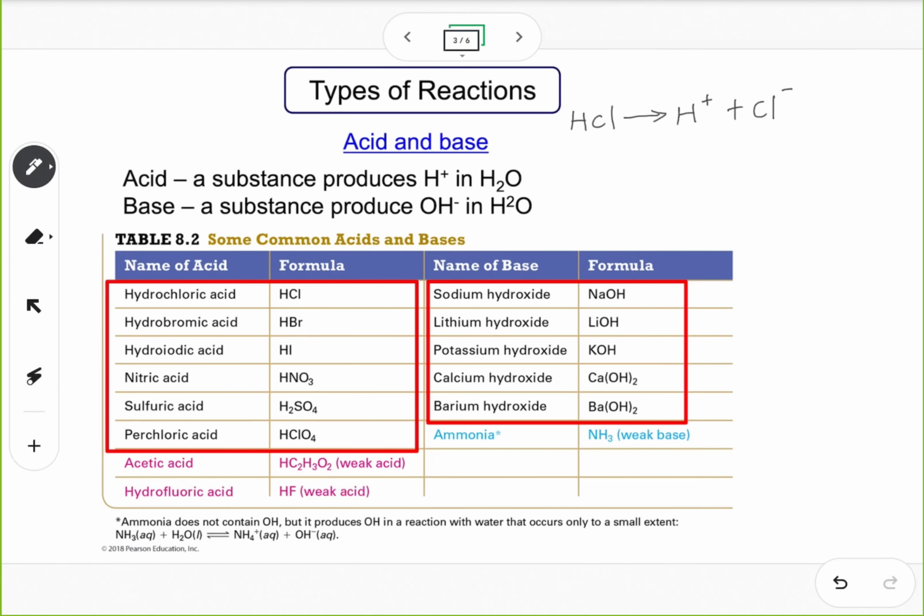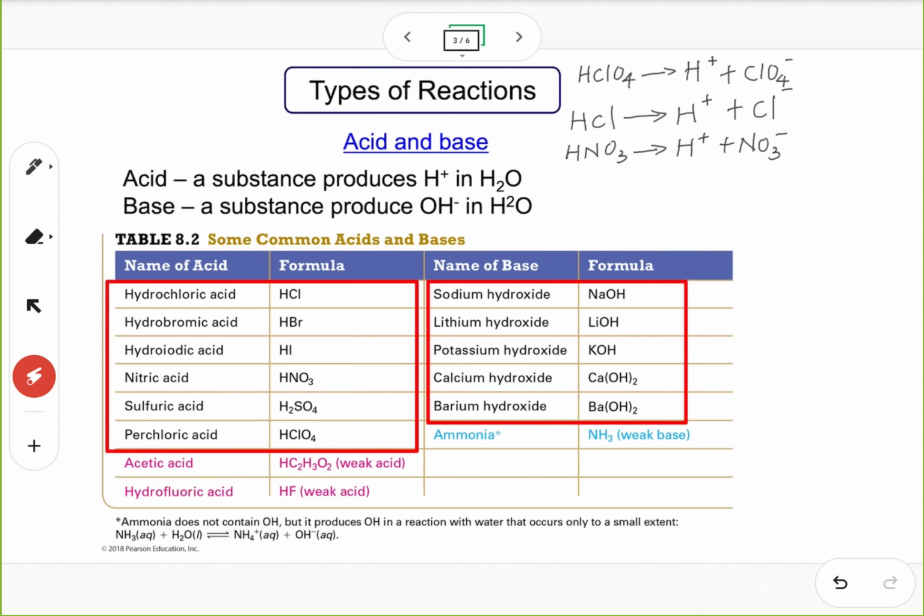For instance, when you dissolve nitric acid in water, it will give you H plus and nitrate, NO3 minus. And for perchloric acid, HClO4, a very strong acid, it will produce H plus and perchlorate. So that's my expectation.